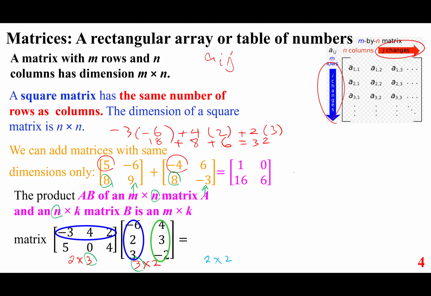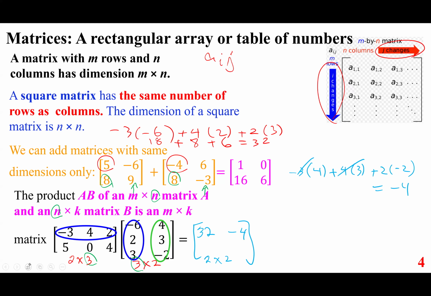That would be, let me write it here, -3 times 4 plus 4 times 3 plus 2 times -2. These two cancel each other. We get -4, which means over here, and I'm going to erase it in a moment, but over here, I'm supposed to have 32 here and -4. Okay.